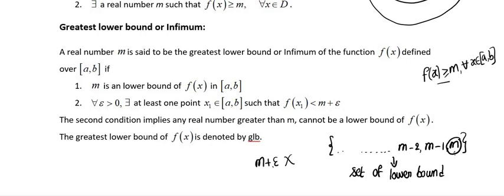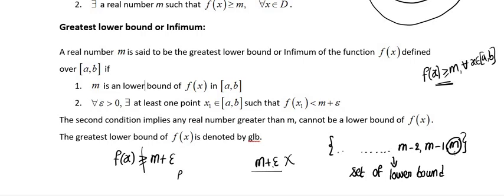If it were a lower bound, it must satisfy f of x greater than or equal to m plus epsilon. But now I am telling m plus epsilon is not a lower bound. That means it does not satisfy the greater than or equal sign.